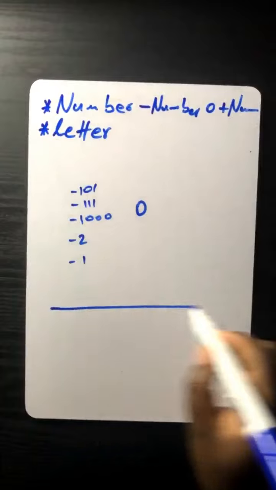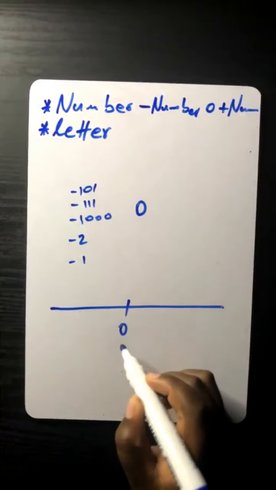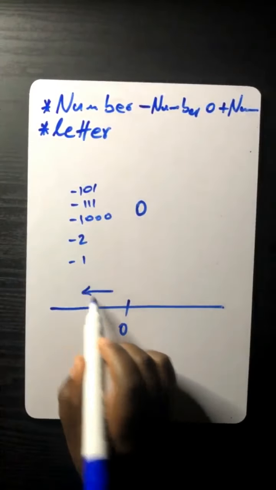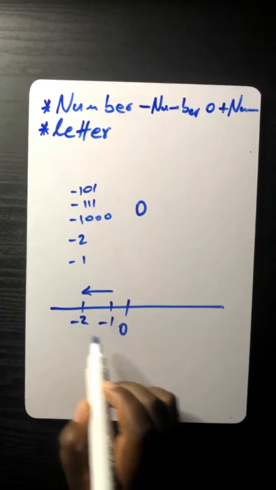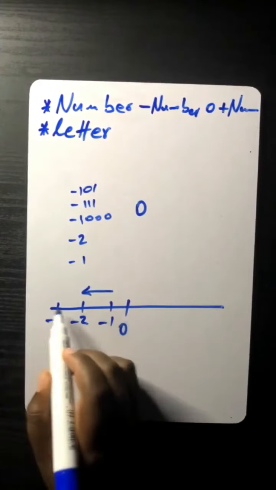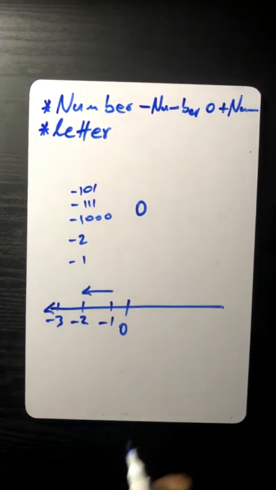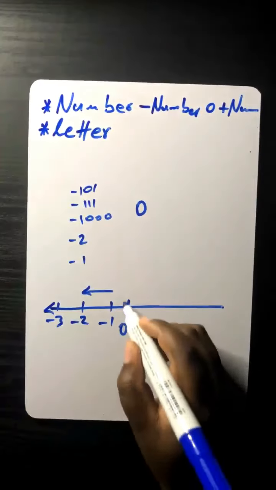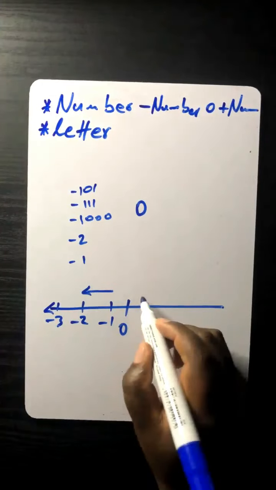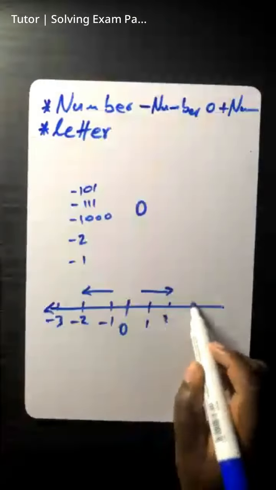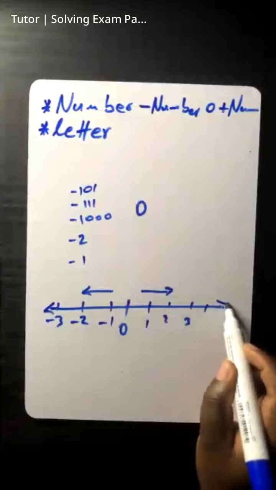Just like on a number line, you know you've got 0, then in that direction, you've got negative values, negative 1, negative 2, negative 3, negative whatever. So the counting is endless. So in between, you've got 0. So from 0 in that direction, you've got 1, 2, 3, 4, whatever.